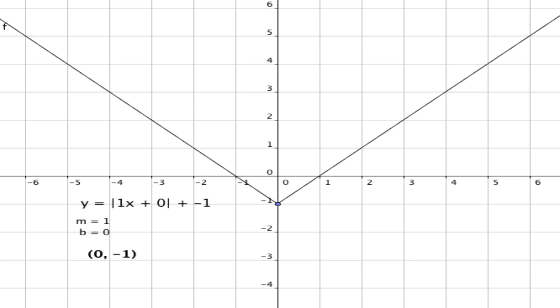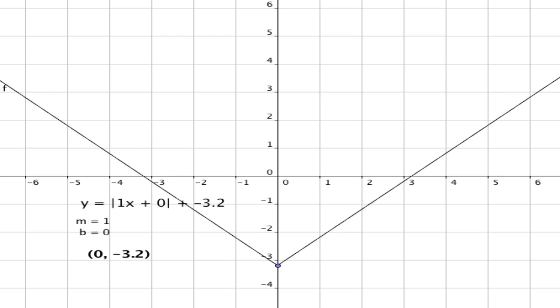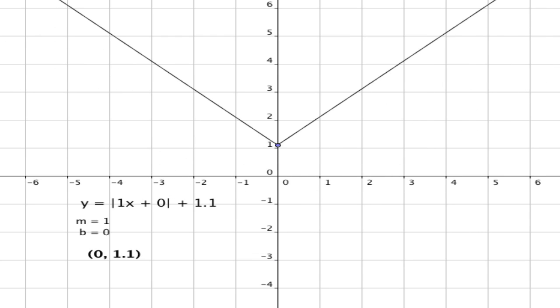So if you see absolute values that actually go below the x-axis, or are off the x-axis, you know that something's being added outside the absolute value. Because that's the one way you can get it off of the x-axis.